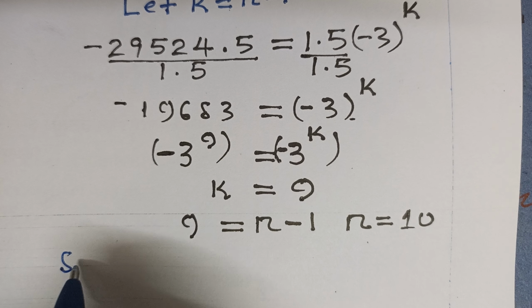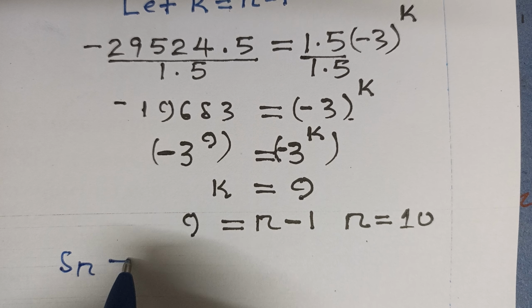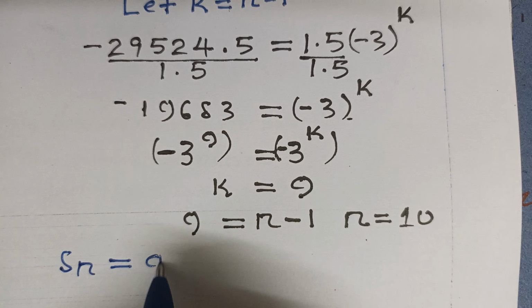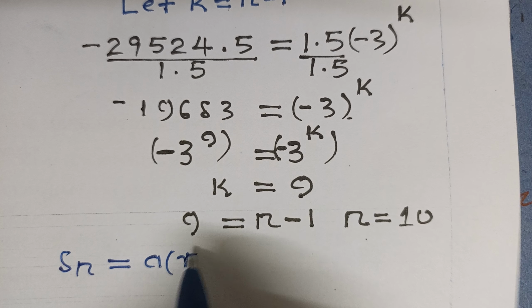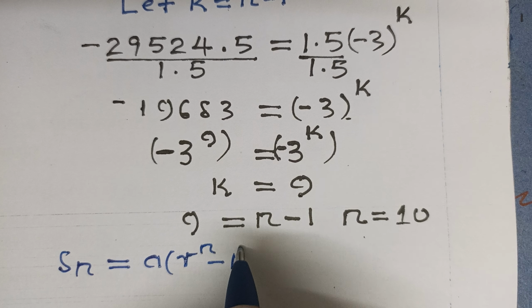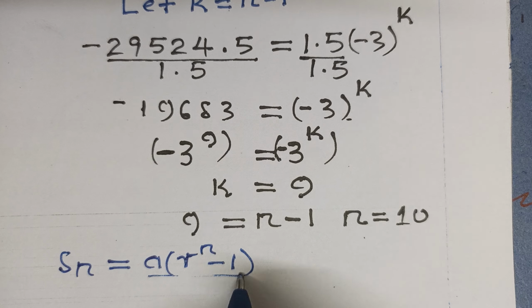We have Sn is equal to A times Rn minus 1 all over R minus 1.